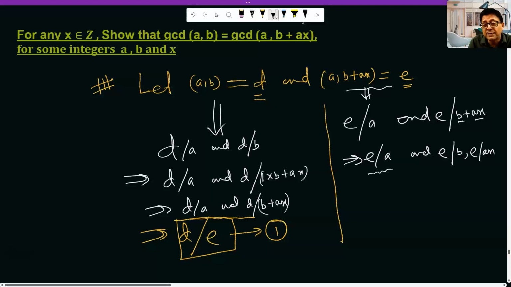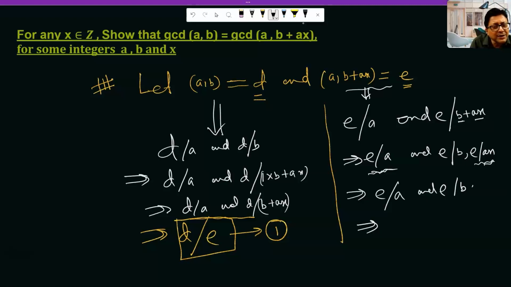Combining these two parts, this gives E divides A and E divides B. Now you are claiming that E divides A and B, so E is a common divisor. D is the greatest common divisor, so this implies E divides D.